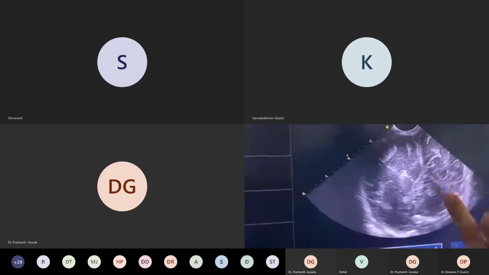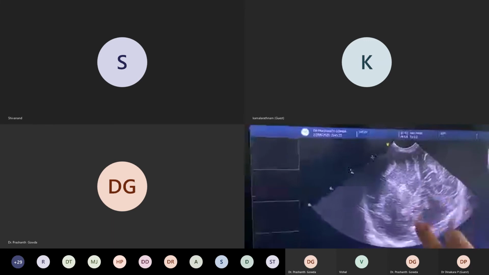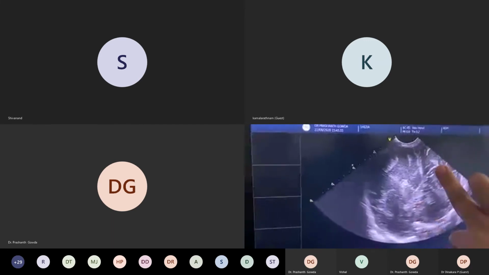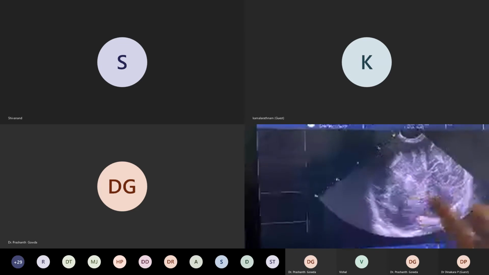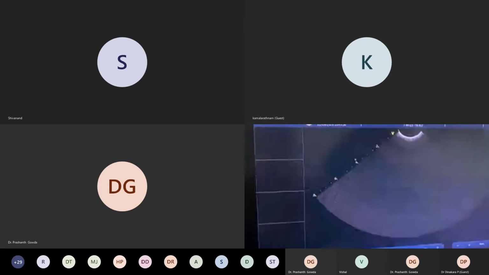This is your interhemispheric fissure, the tent-like thing you're seeing. This is your cerebellum. A little opening you can see, the ventricular opening. I'll try to get the center.